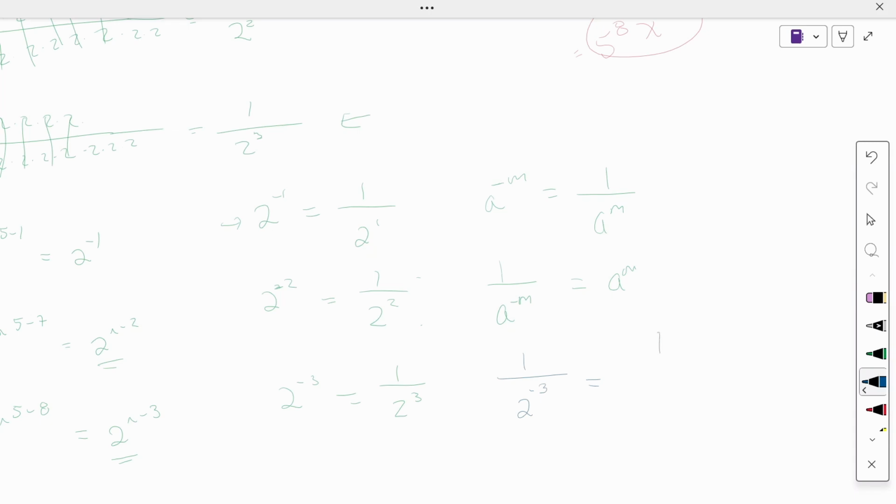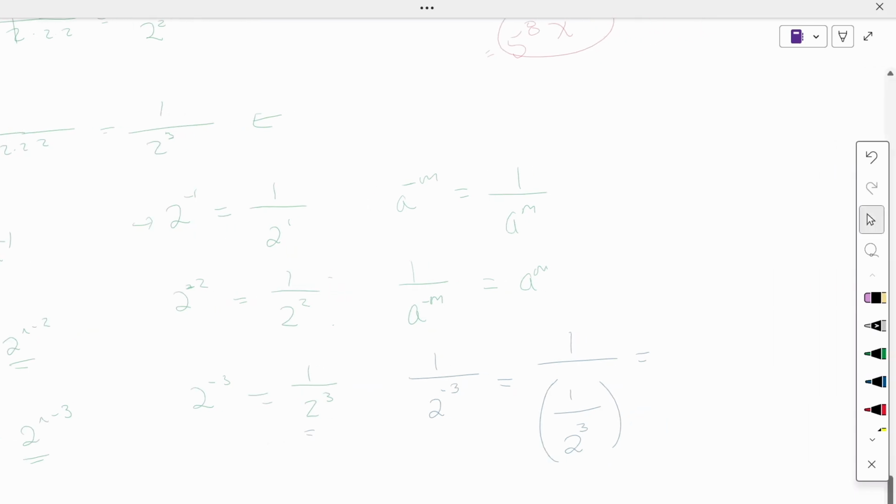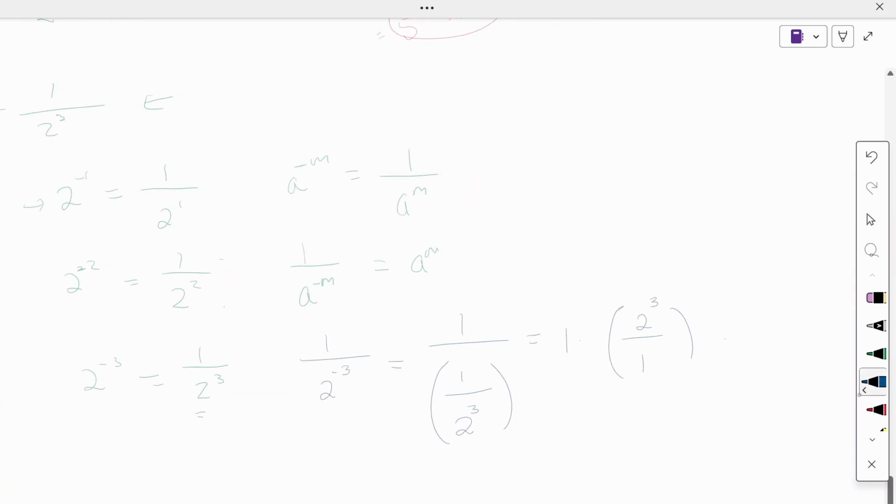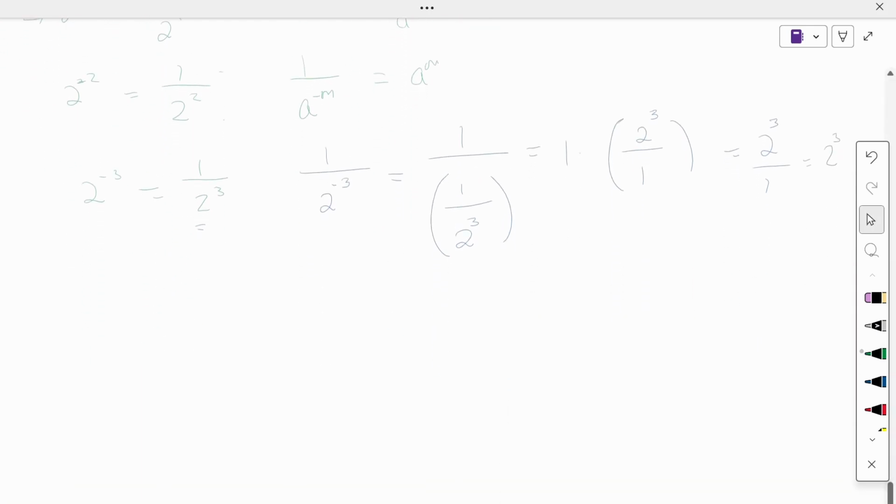You've got 2 to the -3rd power in your denominator, and we said that 2 to the -3rd was the same thing as 1 over 2 cubed. So now I've got a fraction divided by a fraction. We all know that we need to flip and multiply. And so I've got 1 times 2 cubed, or 2 cubed over 1, and anything divided by 1 is just that something.